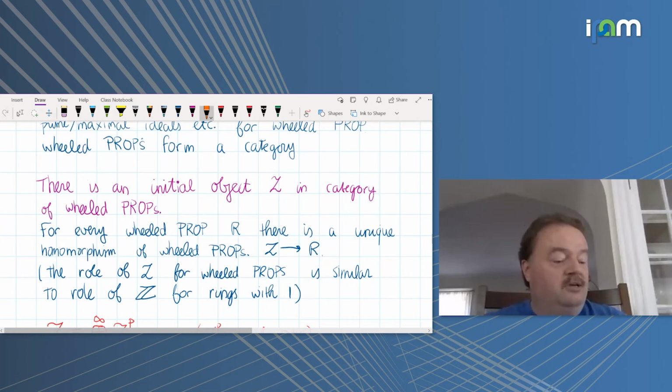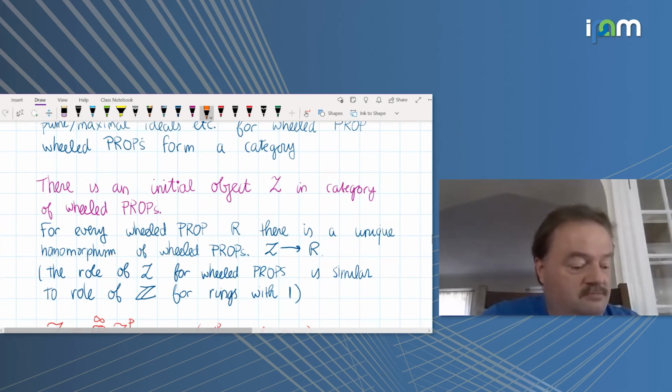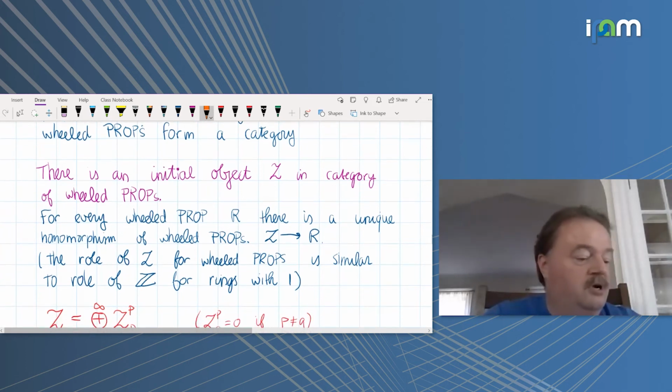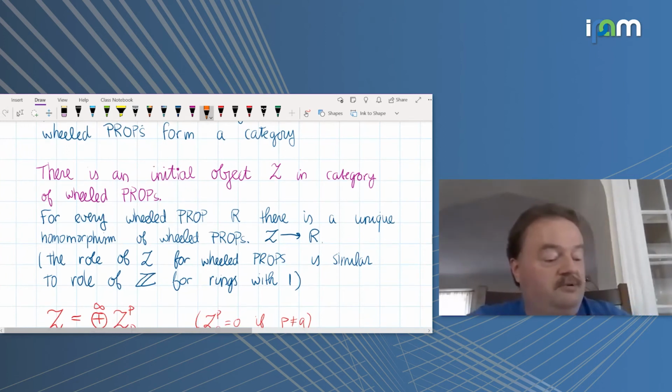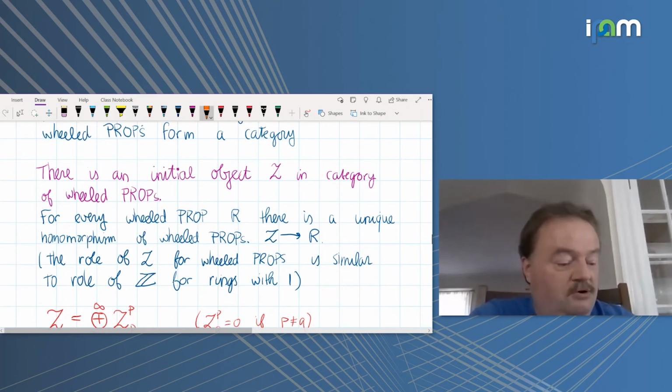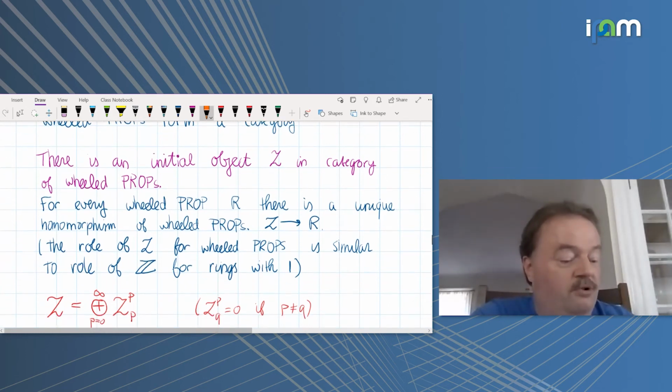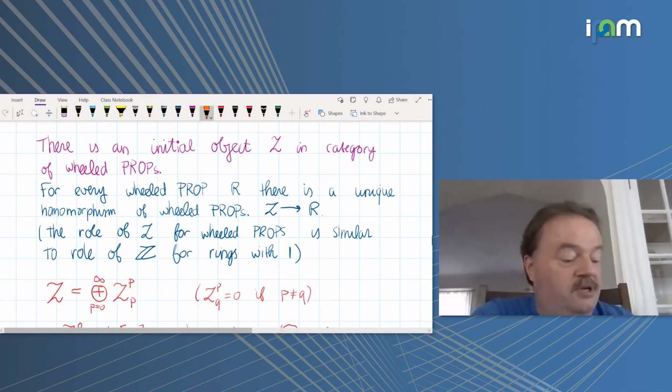And a similar object exists for real props. This is a real prop for which there's always a unique homomorphism to any other real prop. So it plays an important role in this theory.